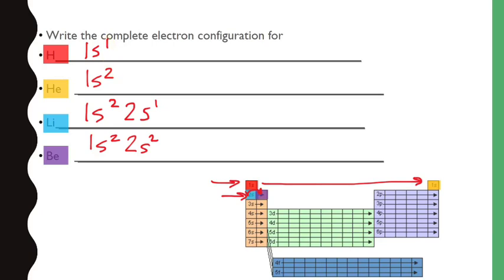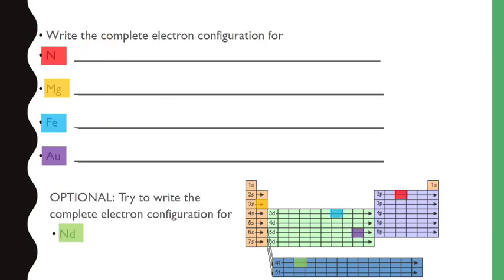Now in this next set of elements, we're going to start jumping around a little bit more, but we started with those simple elements to help you see that progression. Now I've already written out nitrogen once for you, but I want you to practice this the same way that we did. Nitrogen's down there in that second row. We've got to go all the way across the first row first and through the beginning of that second row before we can get all the way over to nitrogen.